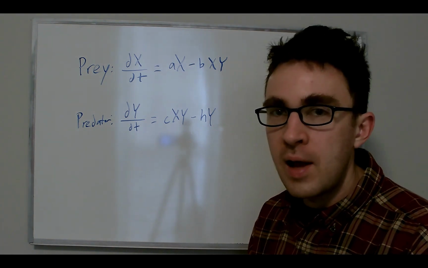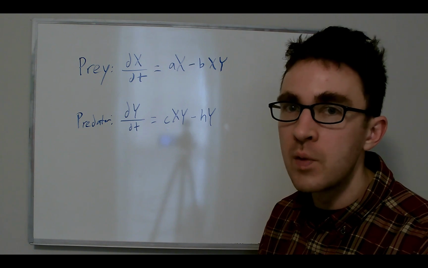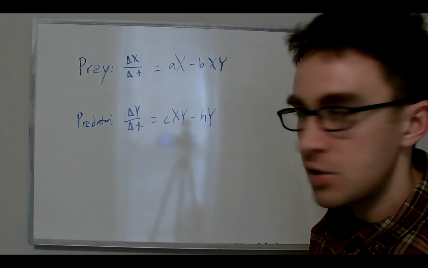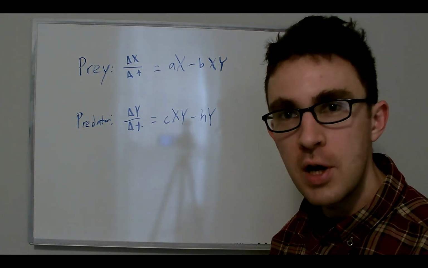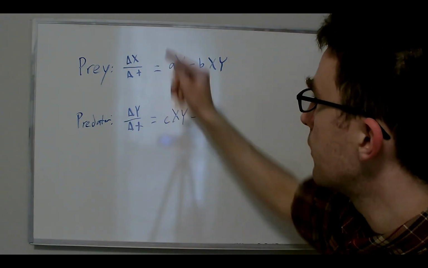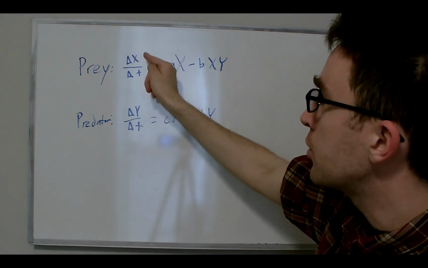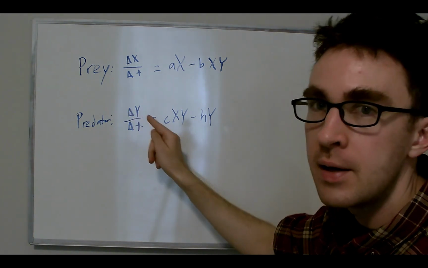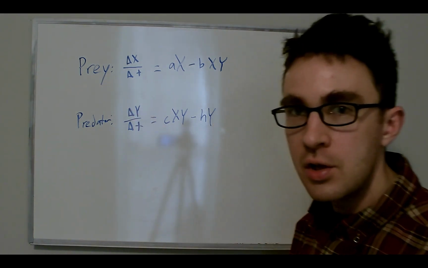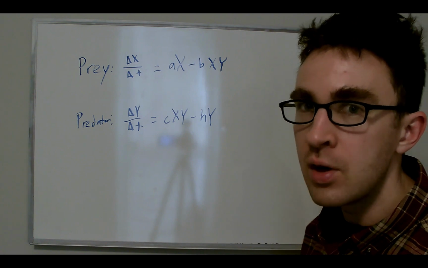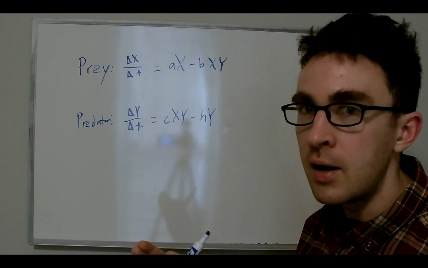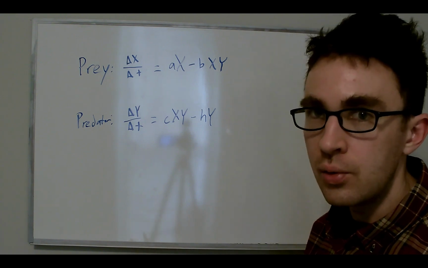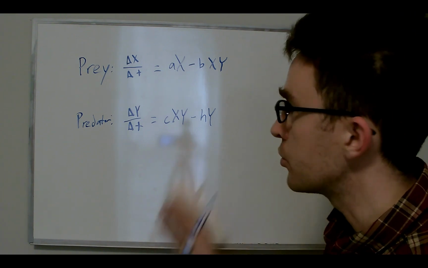Okay, so let's talk a little bit about how we're going to use Euler's method to get a numerical solution to this system. The first thing I did, just as a stylistic thing without really changing anything, is I wrote delta x over delta t instead of dx/dt, and delta y over delta t instead of dy/dt. This is just to get us into the thought process of dealing with time intervals, rather than the infinitesimal changes in the variables and time.